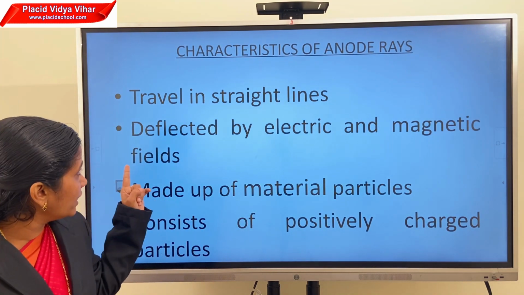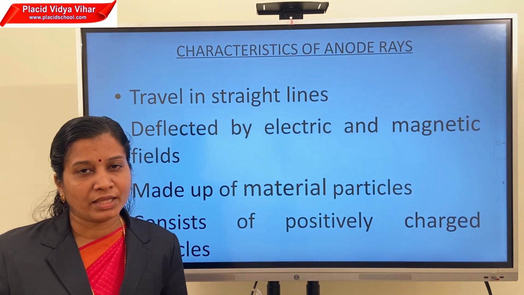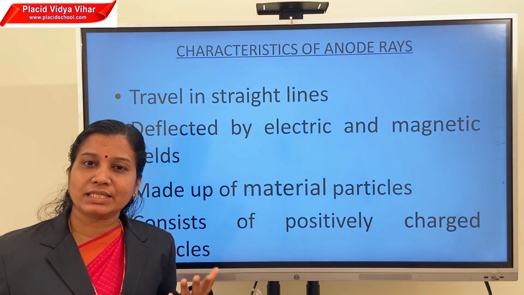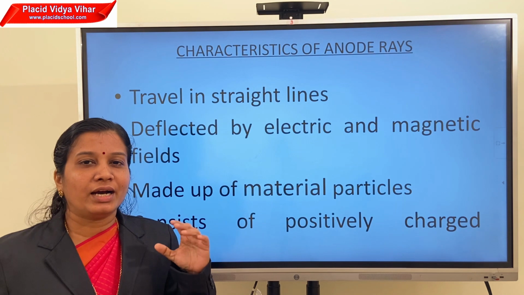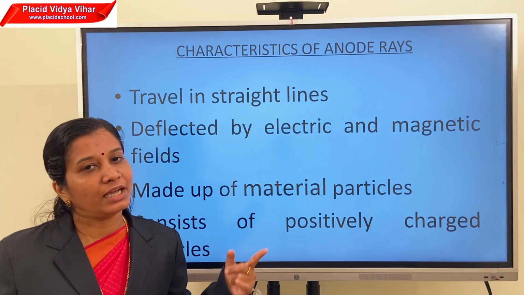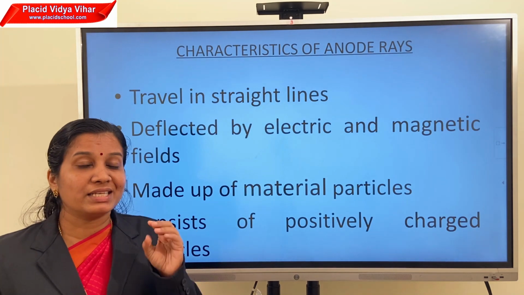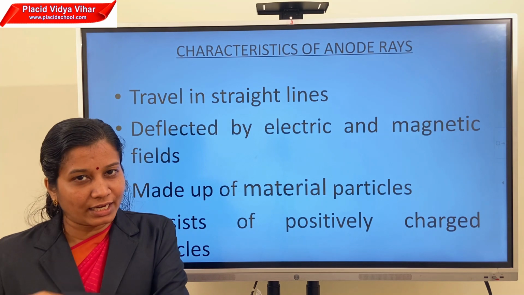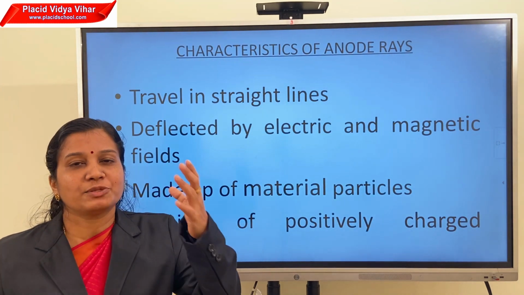The second point, it is deflected by electric and magnetic fields. In the cathode ray also, you saw that it is deflected by electric and magnetic fields. So here also, the anode ray is deflected by electric and magnetic fields. But here, the deflection shows the presence of a positively charged particle. In the cathode ray, the deflection shows the presence of a negatively charged particle.